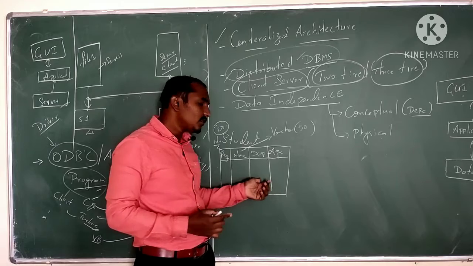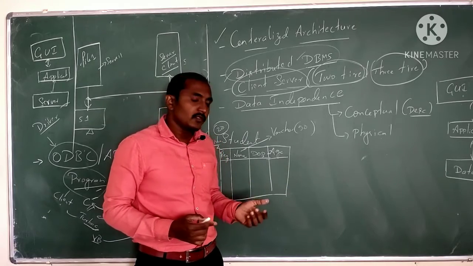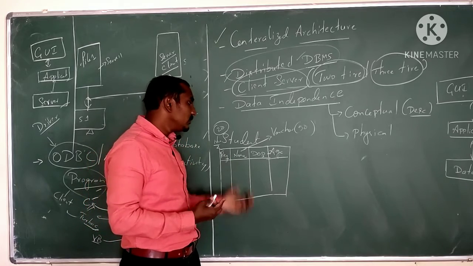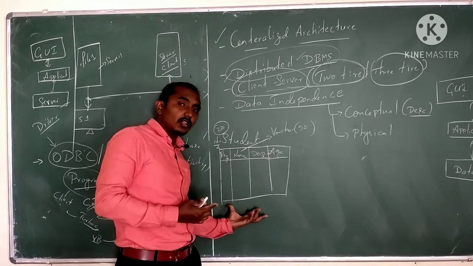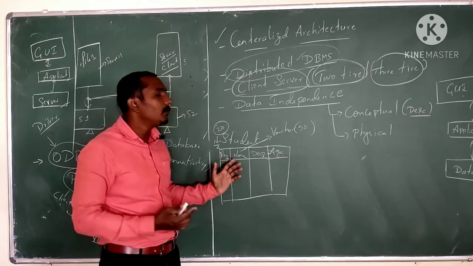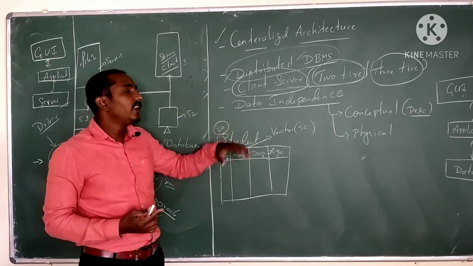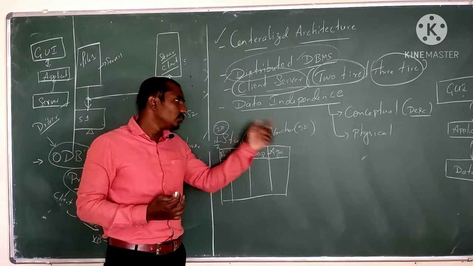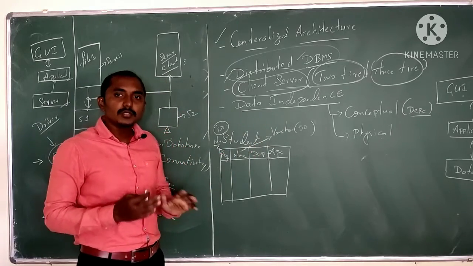Previously we had only 3 columns, now I am adding one more column, so we have 4 fields now. I have made changes to the structure, and that does not affect the previous information or the external level in the architecture. That is conceptual data independence. Hope this is clear.